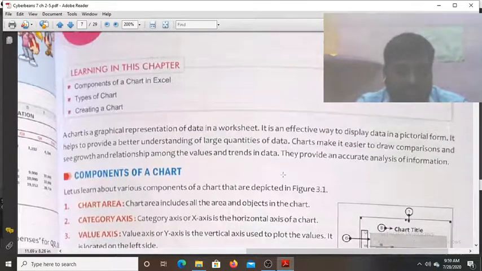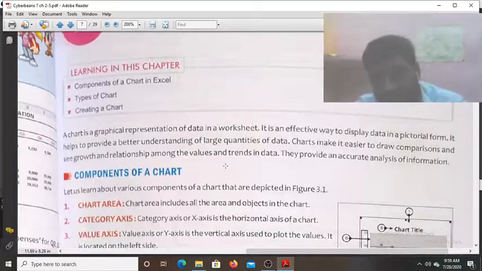You can see the trends by following the data of 3, 4, 5, 6 months, or the whole year. You can analyze the pattern, whether sales are increasing in which season, in which month, and decreasing in which month. So they provide an accurate analysis of the information.